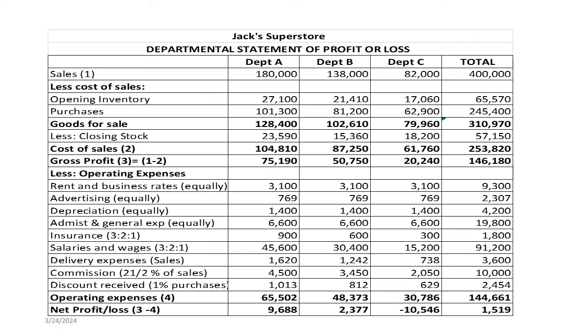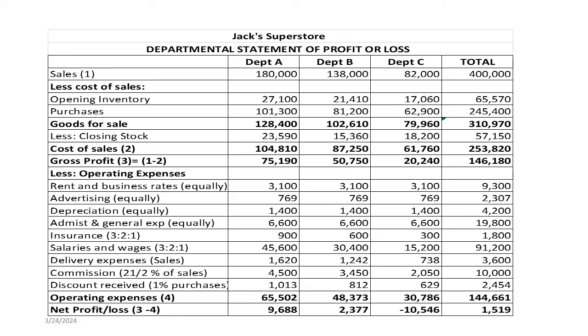Again, if you take 2.5% times the sales value of Department B, it is 3,450. Again, if you take 2.5% of sales in Department C, then you get 2,050.